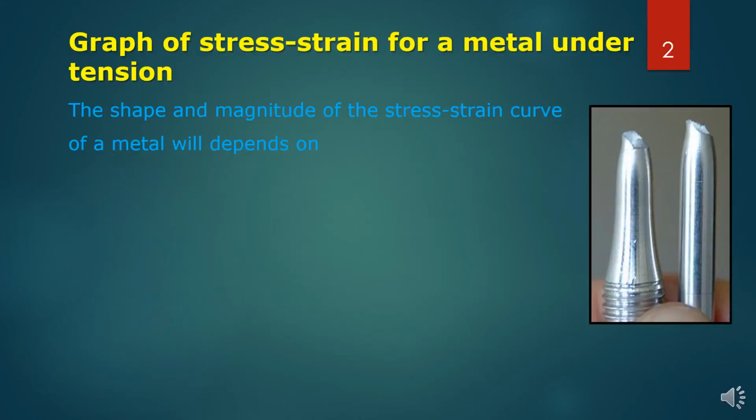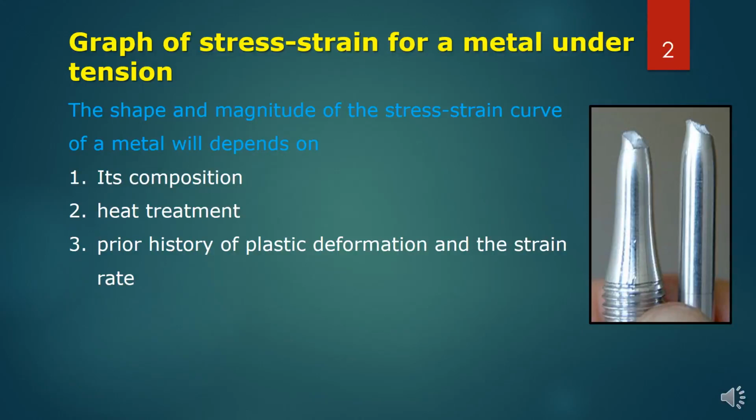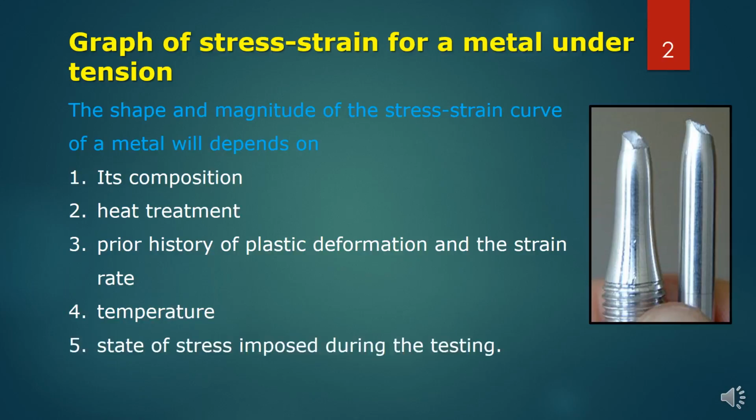The shape and magnitude of the stress versus strain curve of a metal will depend on, first, its composition, next, heat treatment, prior history of plastic deformation and the strain rate. Next is temperature, and the last one is the state of stress imposed during the testing.